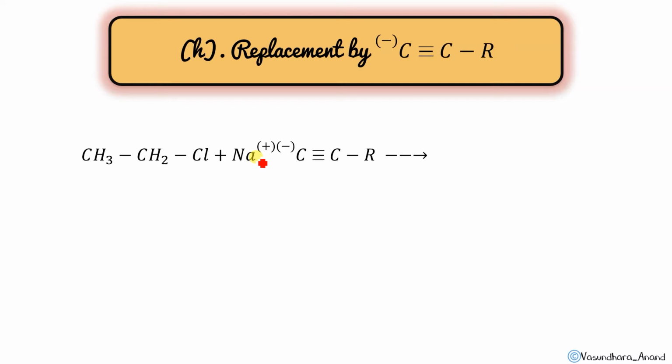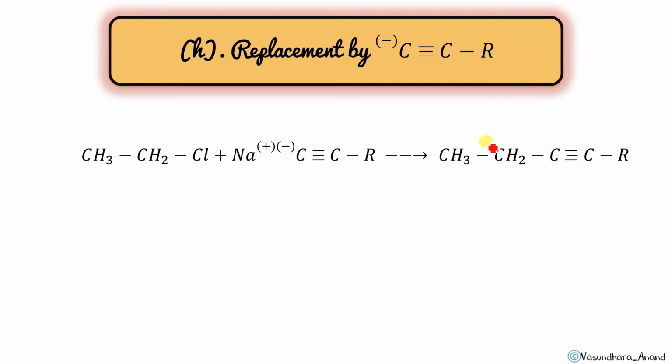This reaction can be used for the conversion also. In this case, NaCl will come out and the C triple bond C will attach with this. So it will give you the alkyne, according to the number of carbons, with the extra carbon added. Is it okay? Clear? So this is directly used for the conversion.